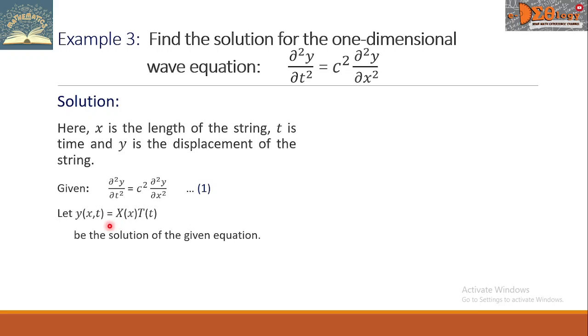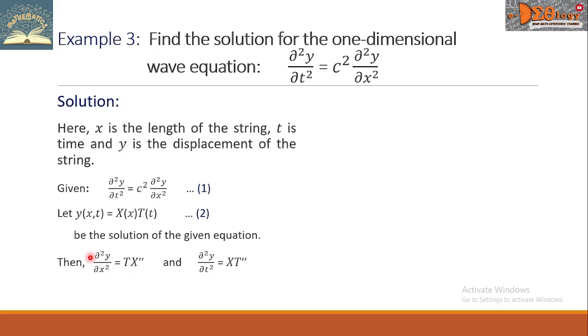Next, we let y of x,t equals capital X of small x times capital T of small t be the solution of the given equation 1. We regard this equation now to be number 2.